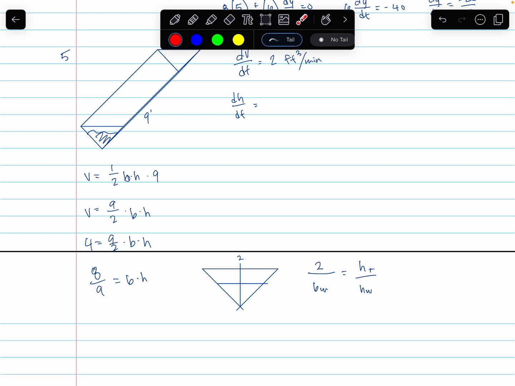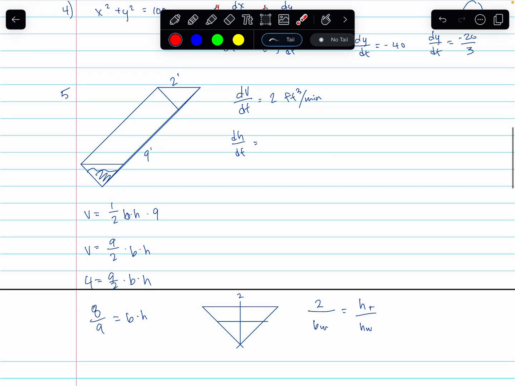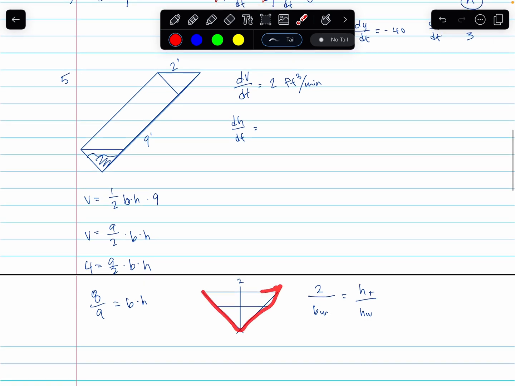So, I'm trying to think if this is this trough right here. Are these the same right here, right? Let's see.